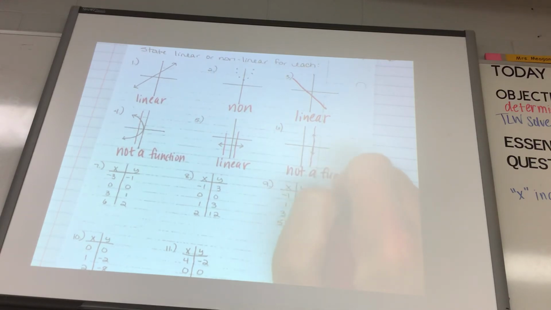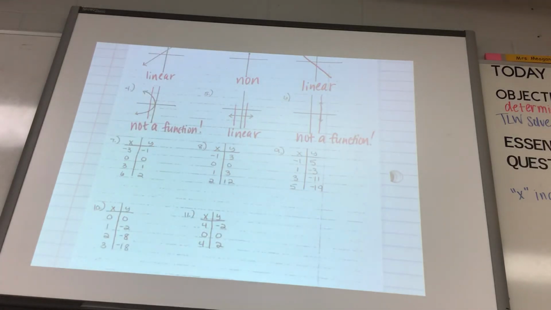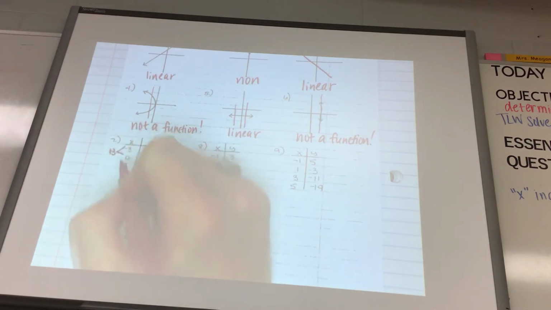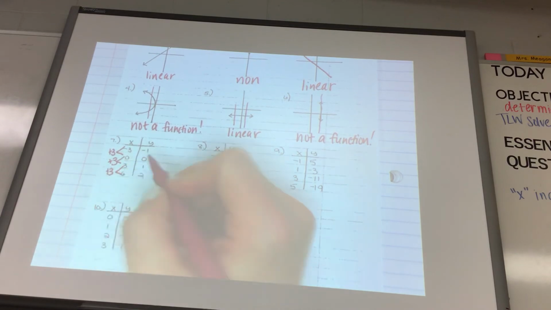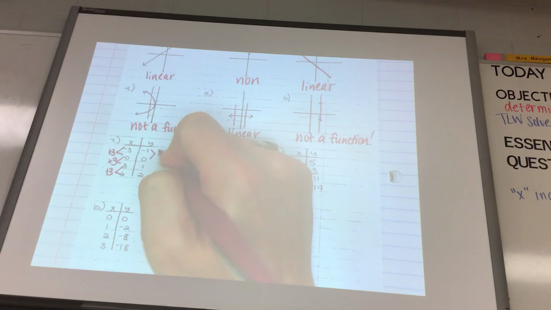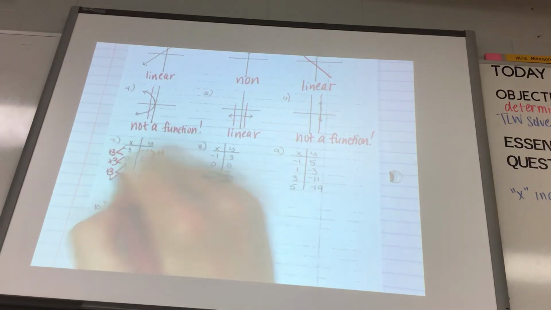Now, let's see if we can see the patterns here, and that will tell us if it's linear or not. Here the pattern is +3, +3, and between these +3. What's the pattern here? +1, +1, +1. Yes, and yes, it is a linear function. Let's see about this one.